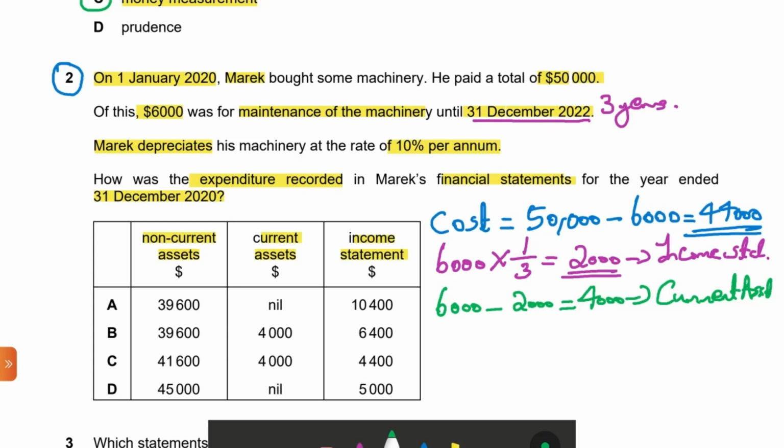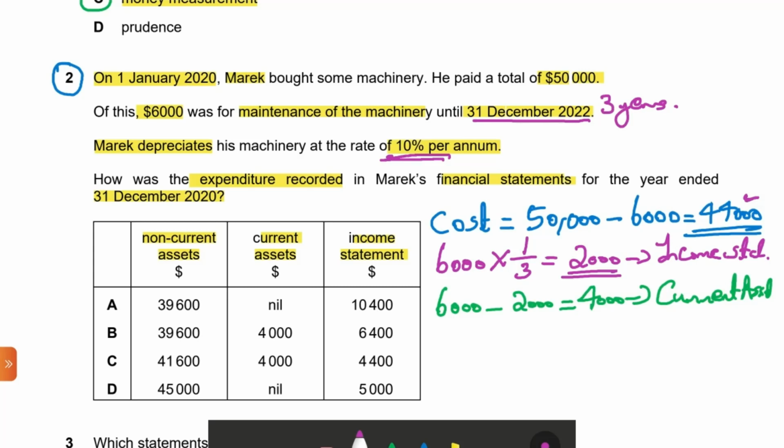Next, depreciation. Here the depreciation is 10% per annum. They have not mentioned which depreciation method, so you follow the straight line method. In the straight line method, we calculate depreciation on the cost. What is the cost here? 44,000.